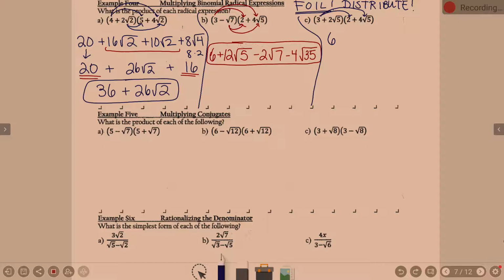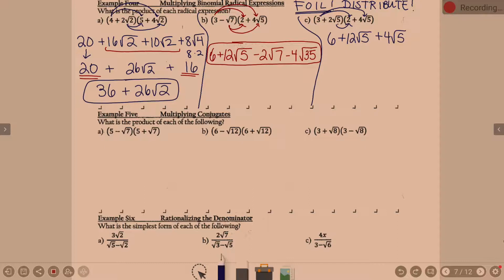So 3 times 4 is going to be 12. And then we just keep the square root of 5. And we're going to do insides. 2 square root of 5 times 2. Yeah, regular numbers with regular numbers. So 2 times 2 is 4. And then square root of 5.